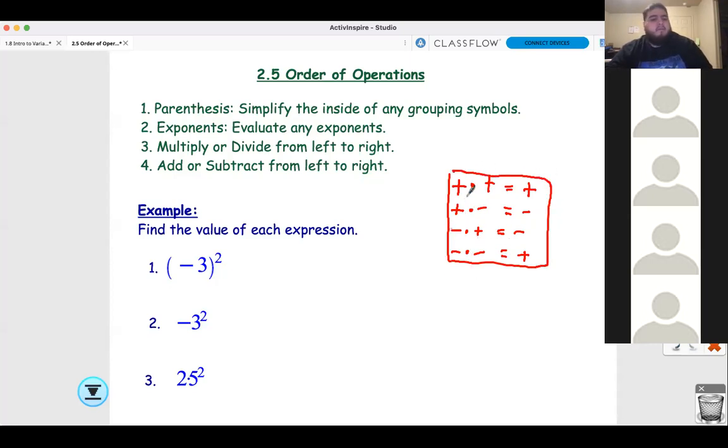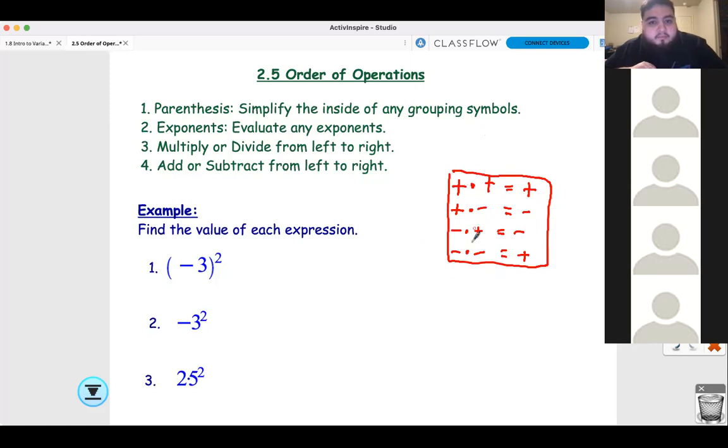Some people get confused on this part. A student yesterday said, "Sir, your box confused me." I didn't understand the symbols, so I felt kind of bad. That's why I'm explaining the symbols. These symbols represent what kind of number it is: plus is a positive number, minus is a negative number. Does everyone understand how this box works now? This is saying that two positives are always going to be a positive, and so on.